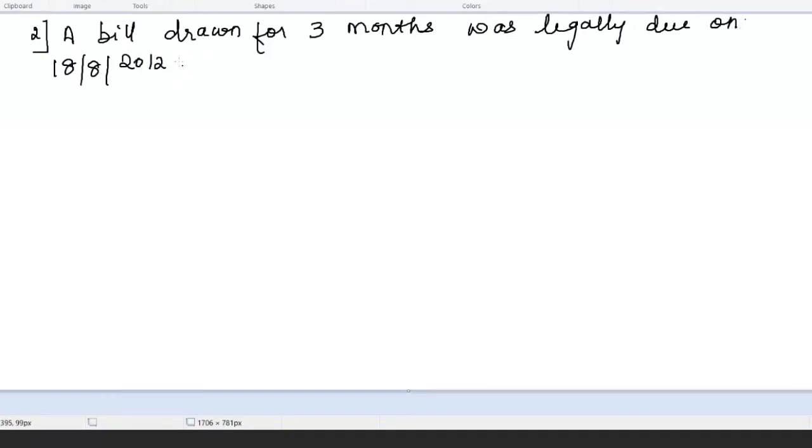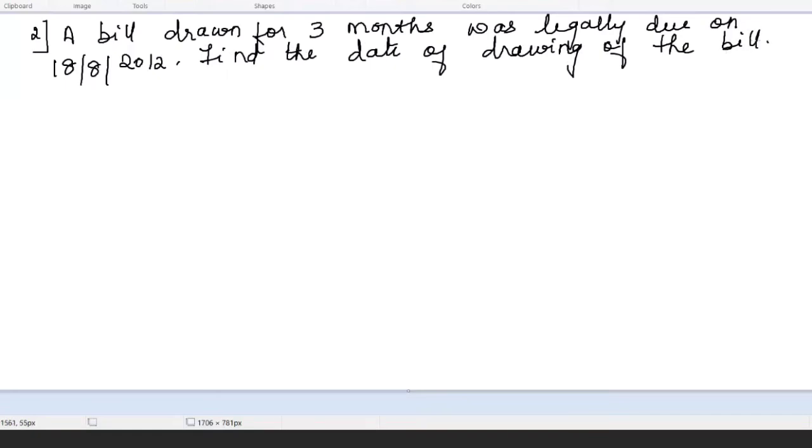Find the date of drawing of the bill. Now in the first question, drawing date was given, bill period was given, legally due date was asked. Now, legally due date is given, bill period is given, drawing date is asked. So you need to understand the question before you start.